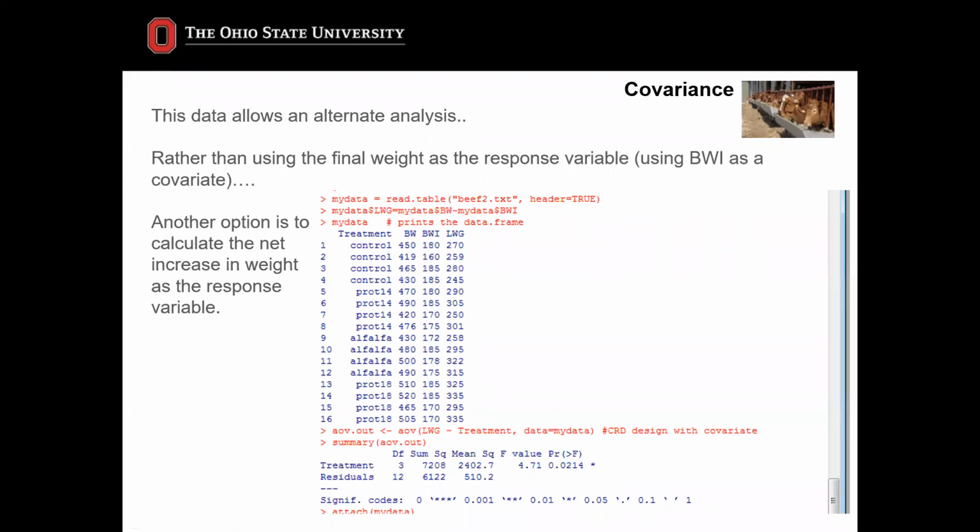This approach might not work for all studies. In this particular case, the covariate is a variable of similar magnitude and units as the response variable. In many of our cases, the covariate will be completely different data and wouldn't lend itself to analysis in this particular way.